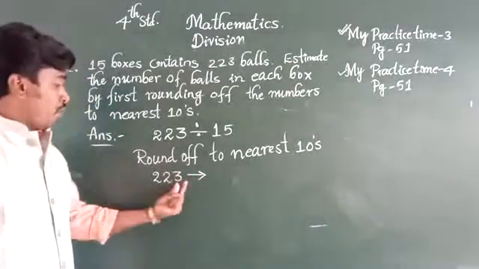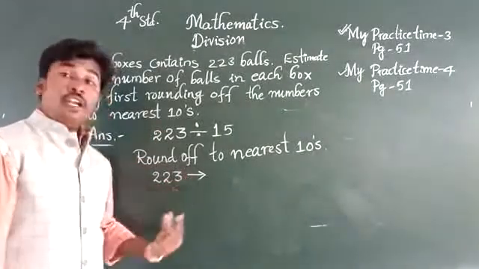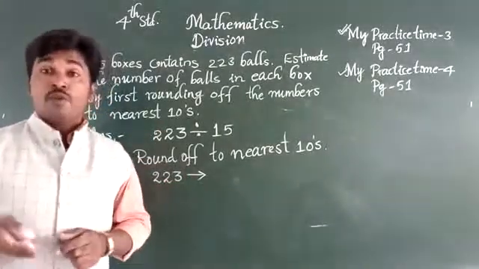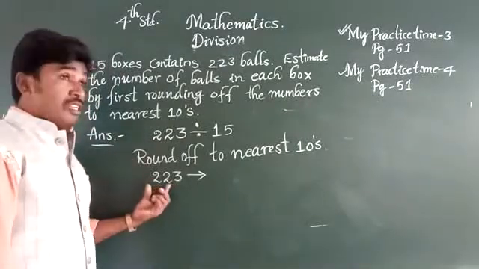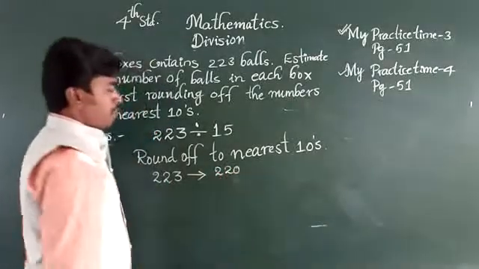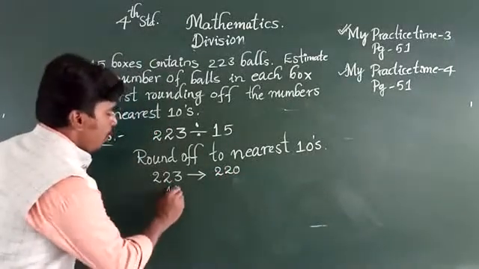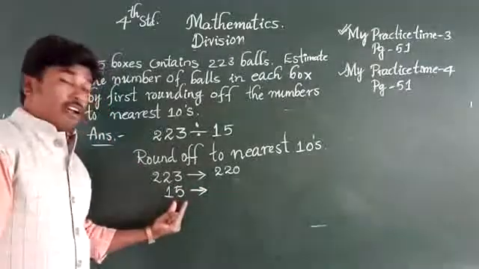This one 23. 3 is less than 5. You choose only the last digit. 3 is less than 5. So you proceed to the previous 10 only. The previous 10 is 20. So that 220. And now take 15. So you observe only the last digit.